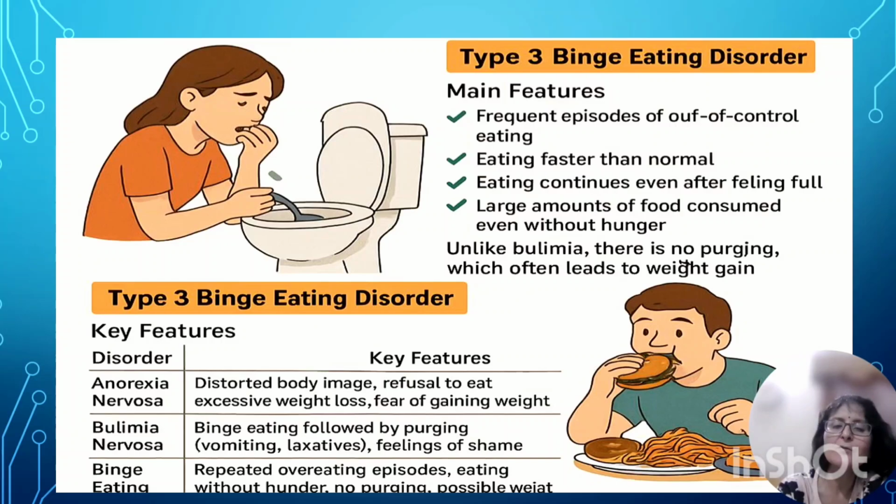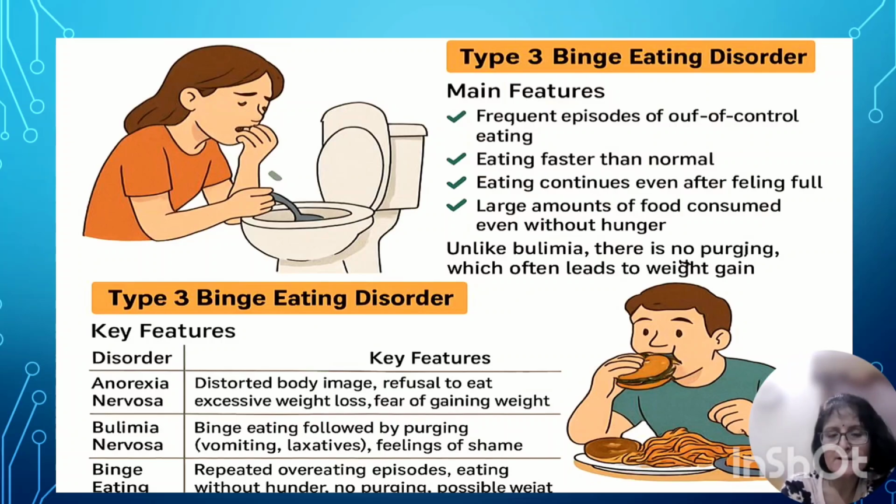In this, you have frequent episodes of out of control eating, that is, 10 packets of chips are with you, so you eat all those 10 packets, and you eat them fast. And you do not indulge in purging. So there is a lot of weight gain in this disorder.